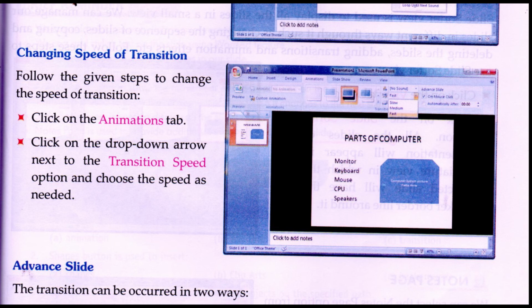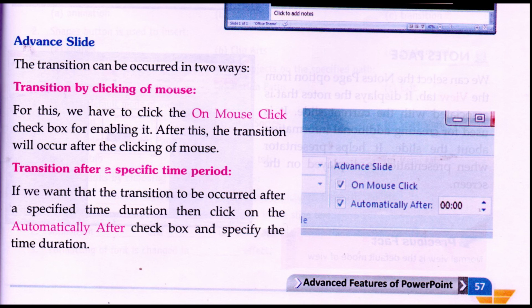Next is advance slide. How we can move the slides automatically or manually, that concept we can learn by using the advance slide option. When you select advance slide, it shows two options, as you can see on the screen: on mouse click, and automatically after this many seconds.